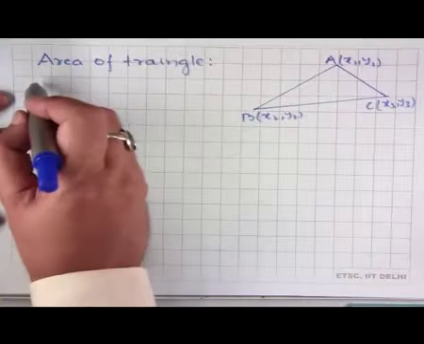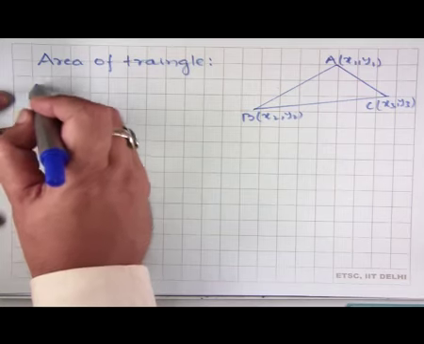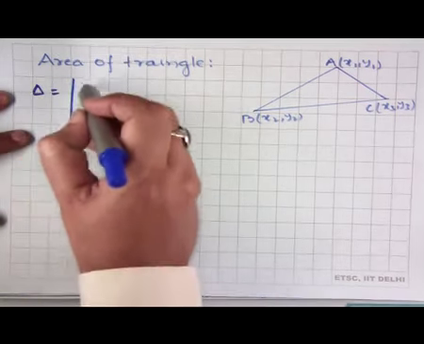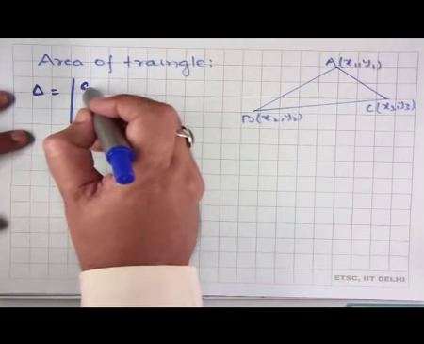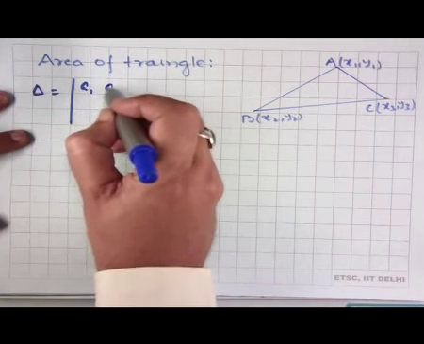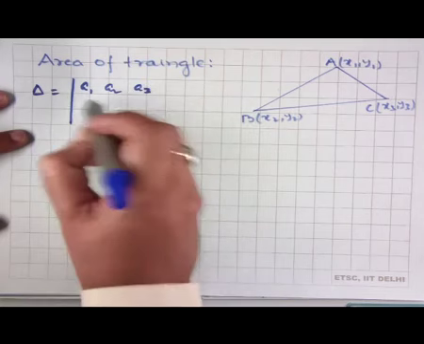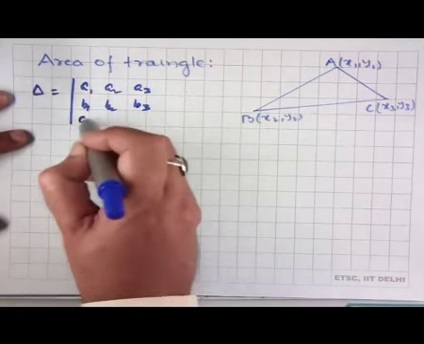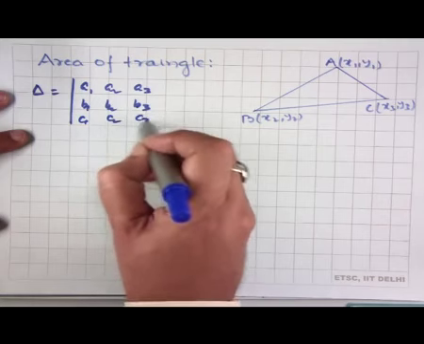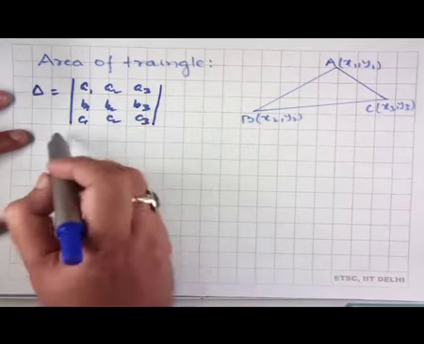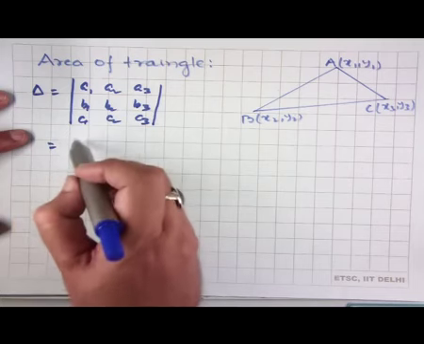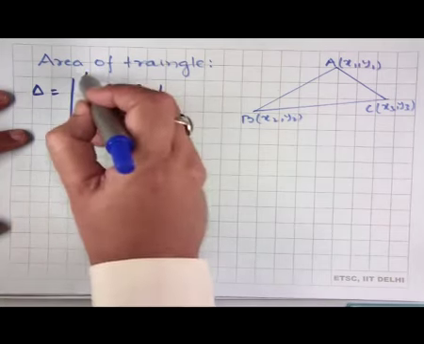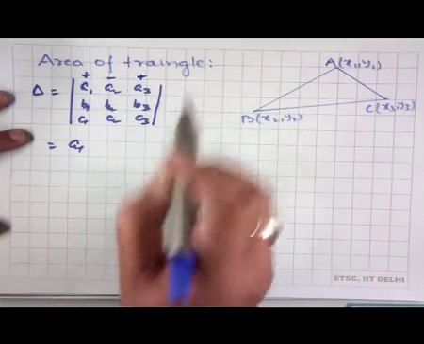Suppose a1, a2, a3, b1, b2, b3, c1, c2, c3. We just take the signs plus, minus, plus.